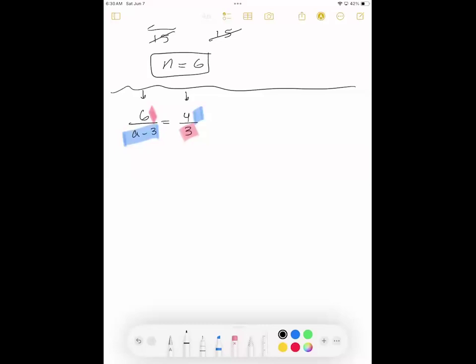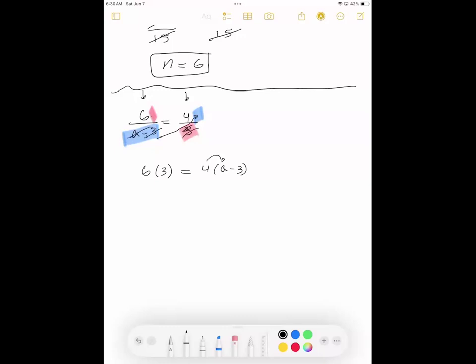So I'm going to just do that. I'm going to multiply that 3 by 6. So then I don't have any denominator left. And then I multiply 4 by a minus 3. And the denominator here is gone, and the denominator here is gone.